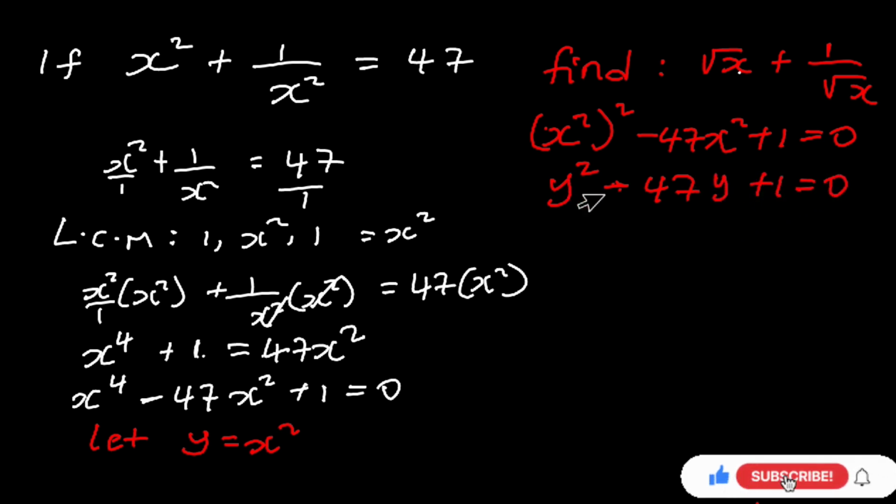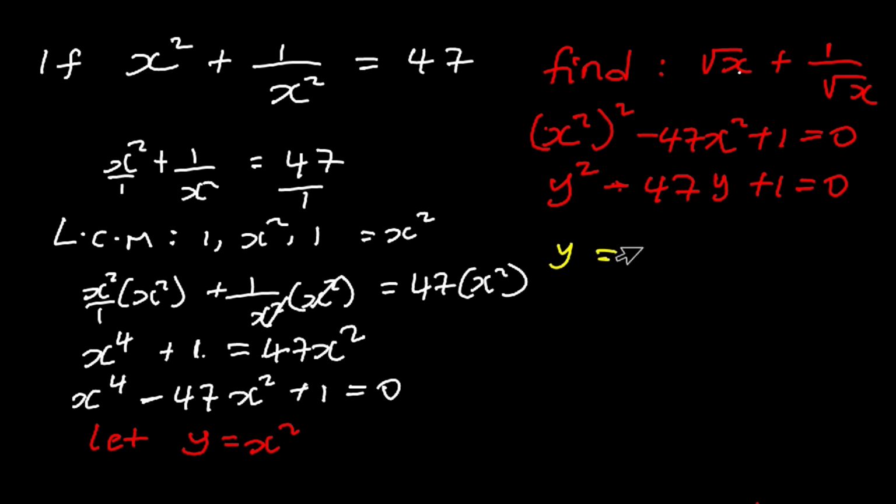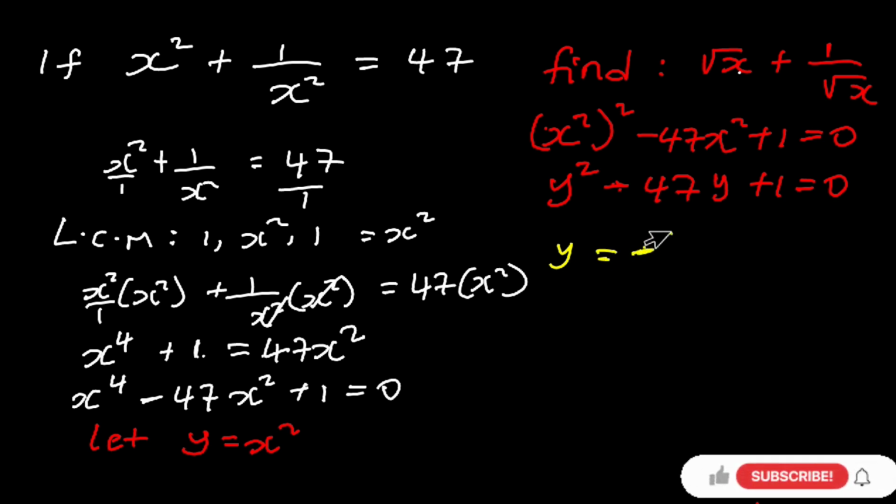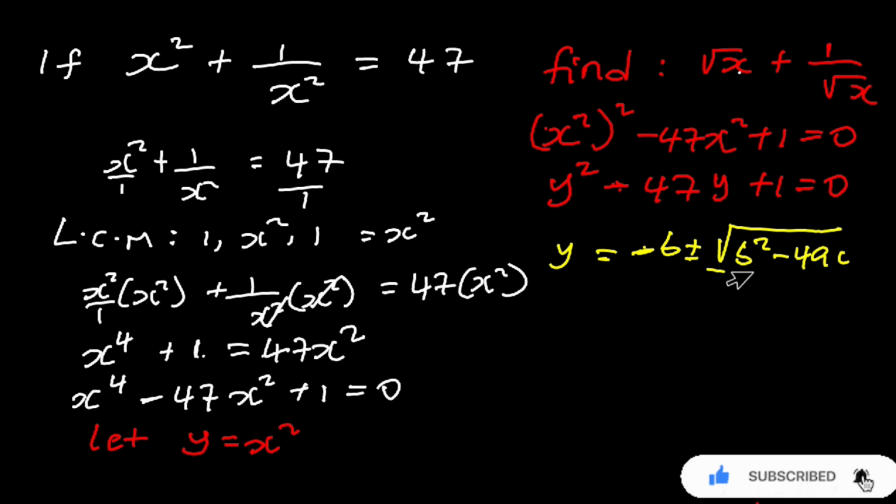So we are now presented with a quadratic equation, and we solve it using the quadratic formula, which states that y is equal to minus b plus or minus root b squared minus 4ac, over 2a. Remember here our a is equal to 1 because a is always the coefficient of y squared.